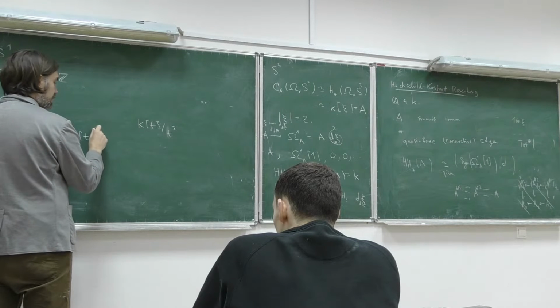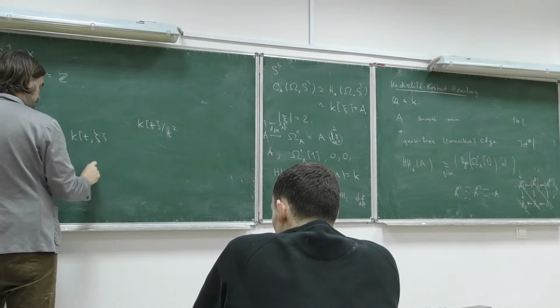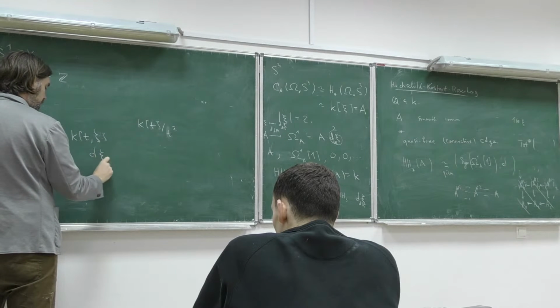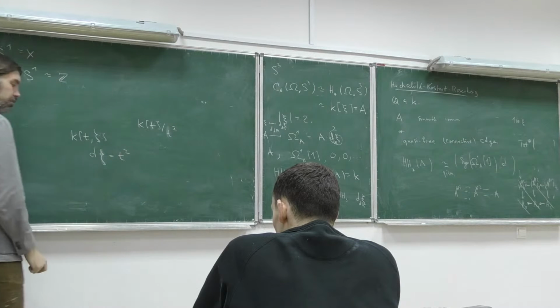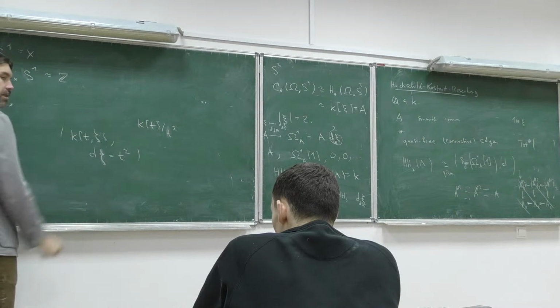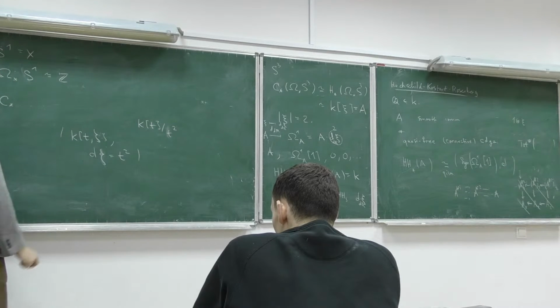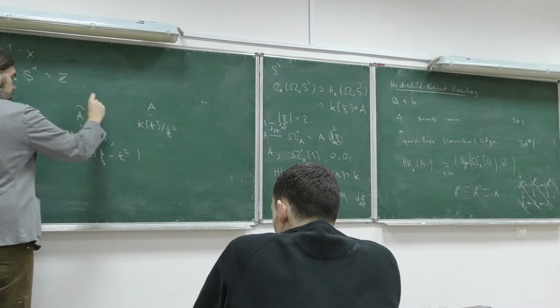I already use c, maybe zeta, such that d zeta is t squared. So this is a nice CDGA which is quasi-isomorphic to this. And now this is A, this is A tilde.